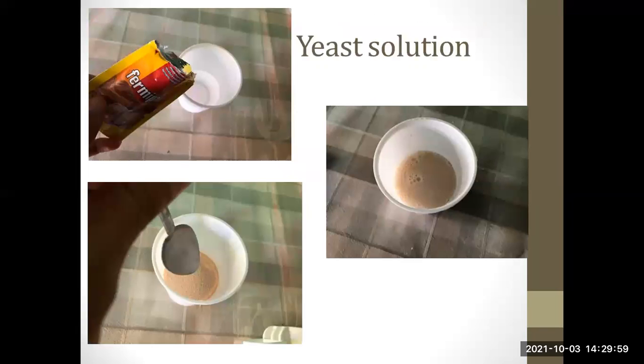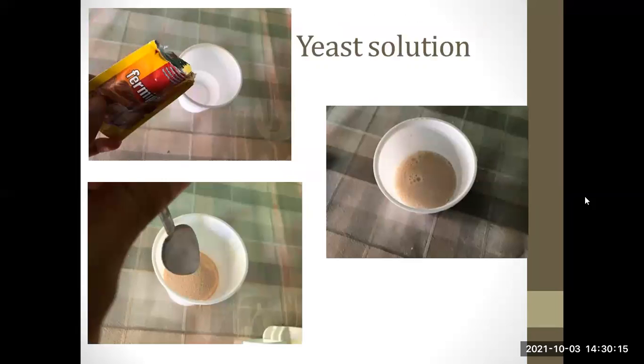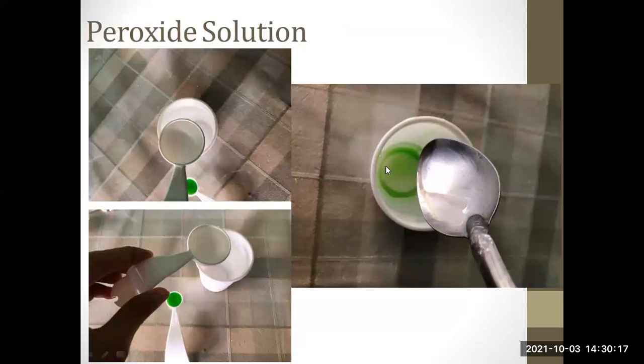Okay, so the first thing that I did was prepare the yeast solution. I only had to mix the 7 grams of yeast with about half a cup of water, and mix it a little bit, and that's what it came out as this. Then I prepared the first peroxide solution, which is the one with the higher concentration.